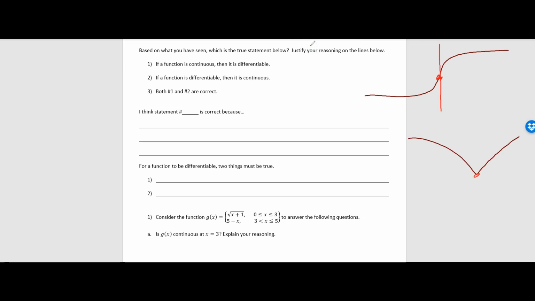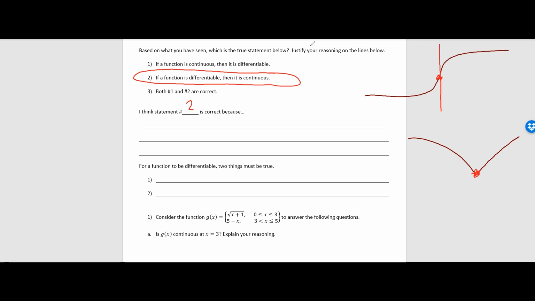And again, that function is continuous, but it's not differentiable at that cusp. So number 1 is incorrect. And if number 1's incorrect or false, then number 3 has to be false because that says 1 and 2 are correct. So by process of elimination, we know that number 2 must be our true statement.